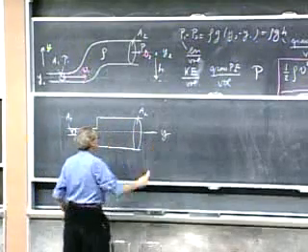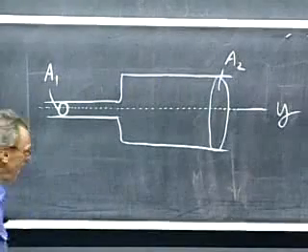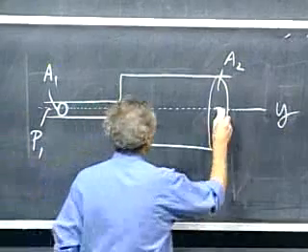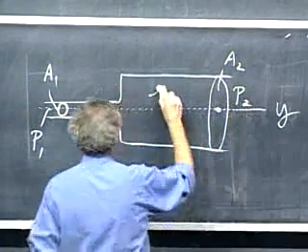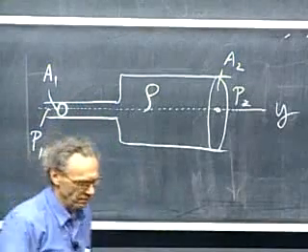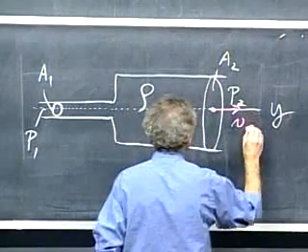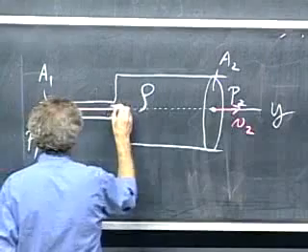This is y, the same for both. I have here inside pressure P1, and here inside I have pressure P2, and this is the density of the fluid. There is here a velocity V2, and there is here a velocity V1.